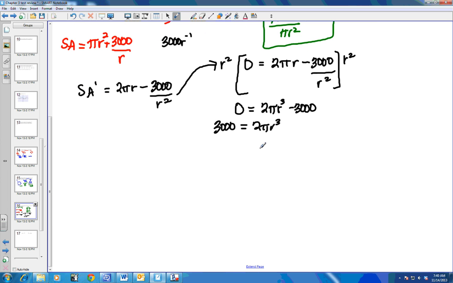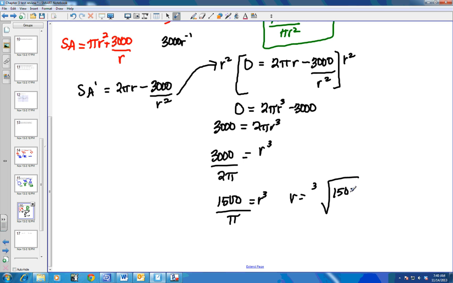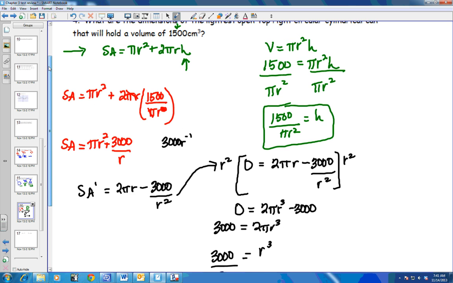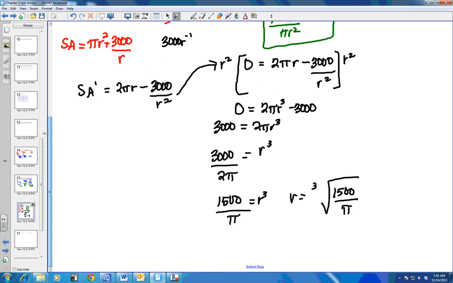Divide by 2 pi, and I get 3000 over 2 pi, which is really 1500 over pi equals r cubed. So r is going to be this cubed root of 1500 over pi. That's my radius. The question says find the dimensions. So I know my radius is the cubed root of that.